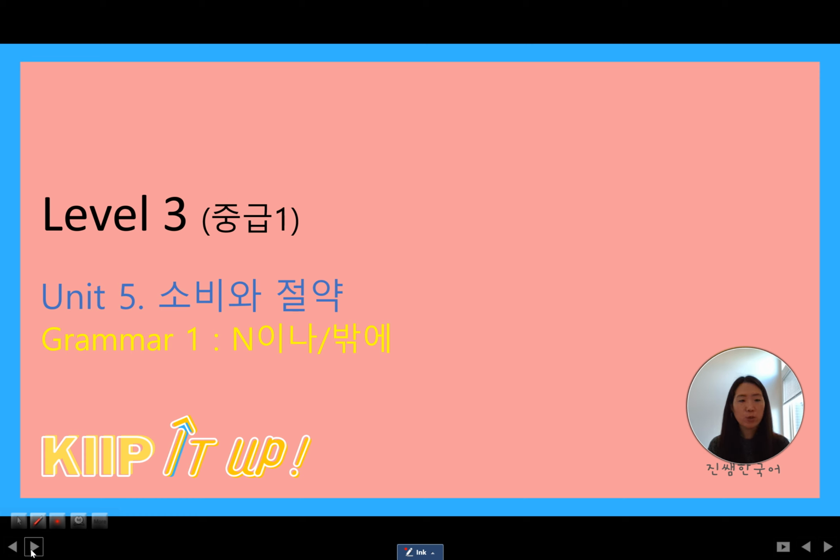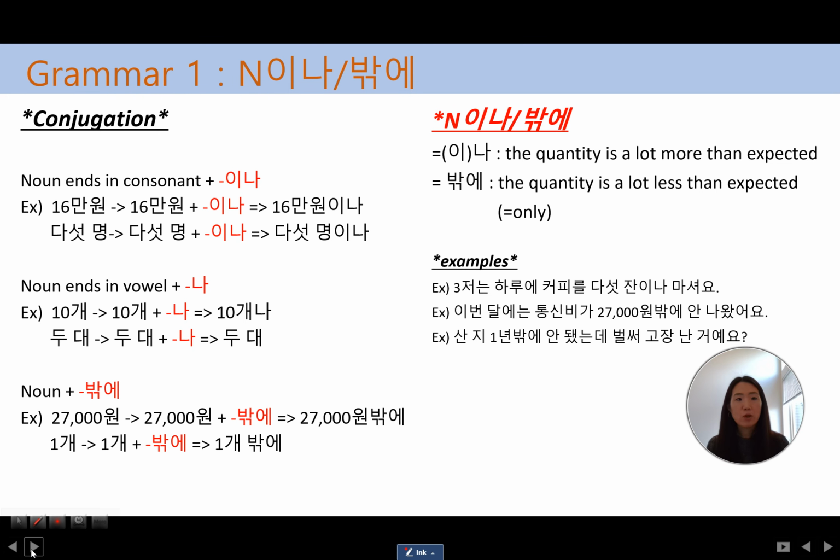We're going to do the first grammar point, which is 이나 and 밖에. It can be about quantity, or about how long.